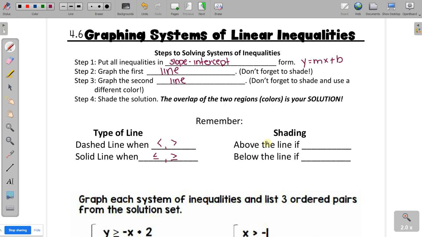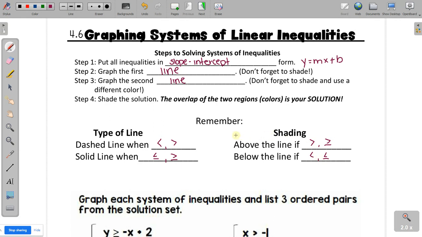Shading. Before we talked about using a test point, plugging in a point to see if the statement's true or false to shade which side. Here's a shortcut. You're going to shade above the line if it's greater than or greater than or equal to, and you're going to shade below the line if it's less than or less than or equal to.